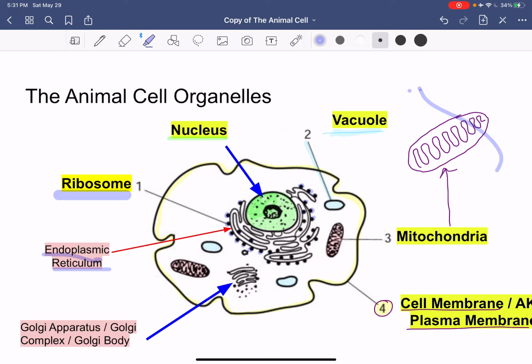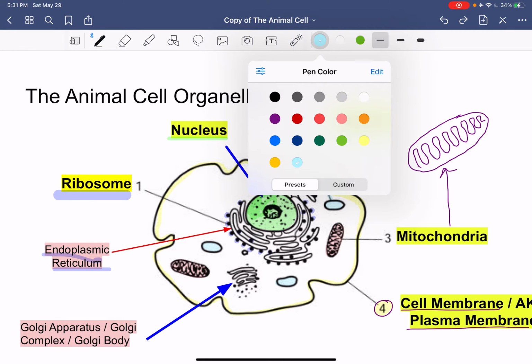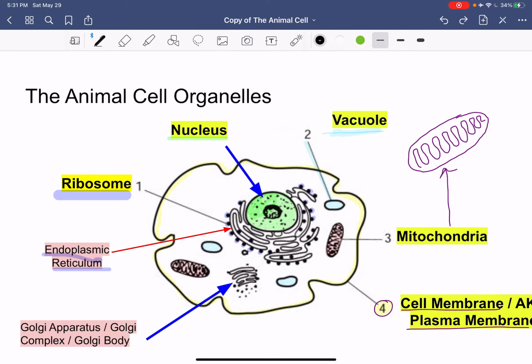Now, sometimes you can find the ribosomes in what's called the cytoplasm. Sometimes you're going to see some free-floating ribosomes, and they're going to resemble these circular dots floating here. So I'm also going to label these drawn free-floating things in the cytoplasm as ribosomes as well.